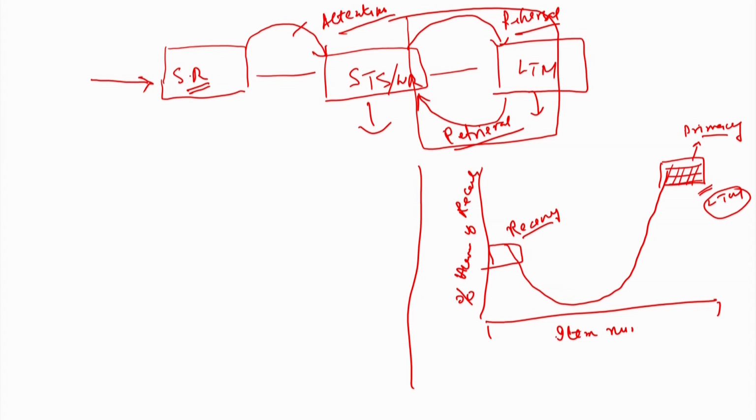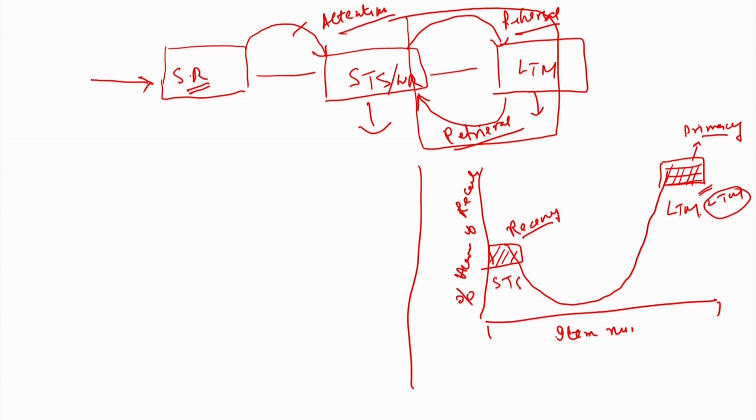With more repetitions, you are prone to more processing, and so shifting to a store. This diagram shows that there are two different kinds of stores: the short term store and the long term store.